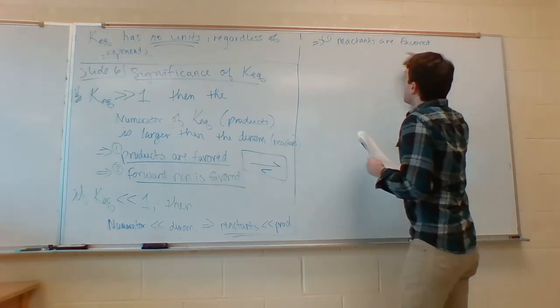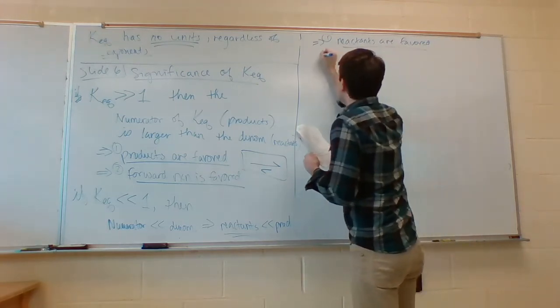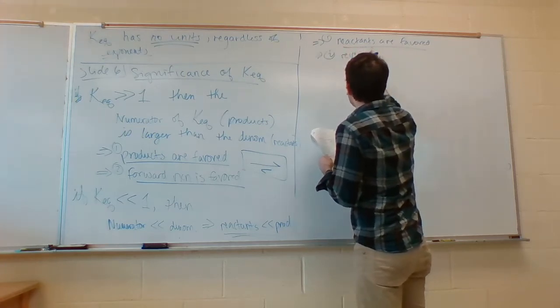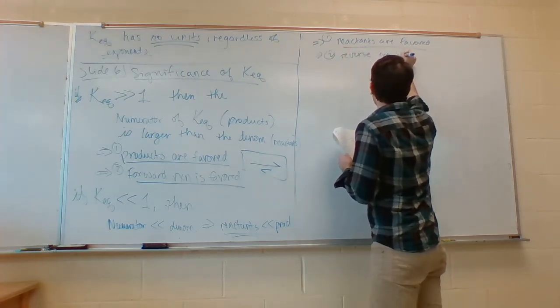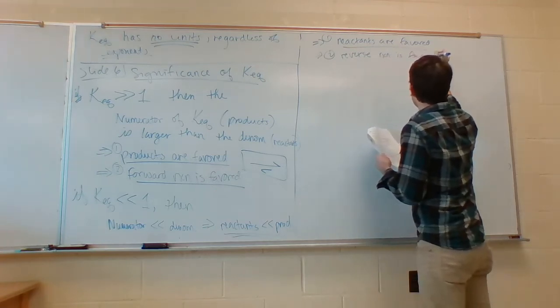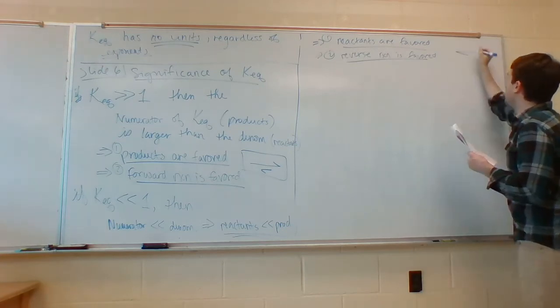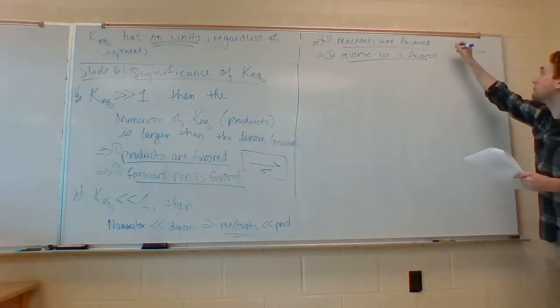That's the first thing. The second thing is that the reverse reaction is favored, which means that our back arrow is going to be bigger than our forward arrow.